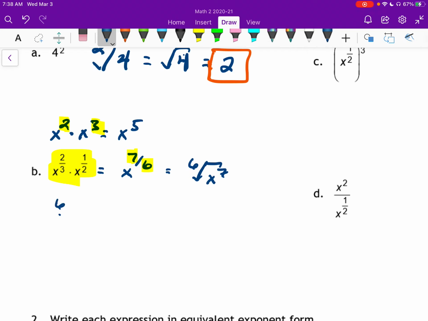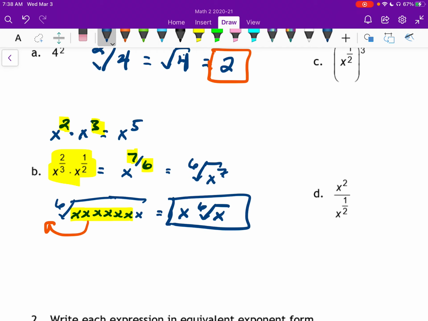We have the 6th root of 1, 2, 3, 4, 5, 6, 7 x's. We have a group of 6 of them. Those can come outside. So this will turn into 1x on the outside because it came outside the root, then the 6th root, and then we had 1x left over. And there we are. That's as simple as that gets.